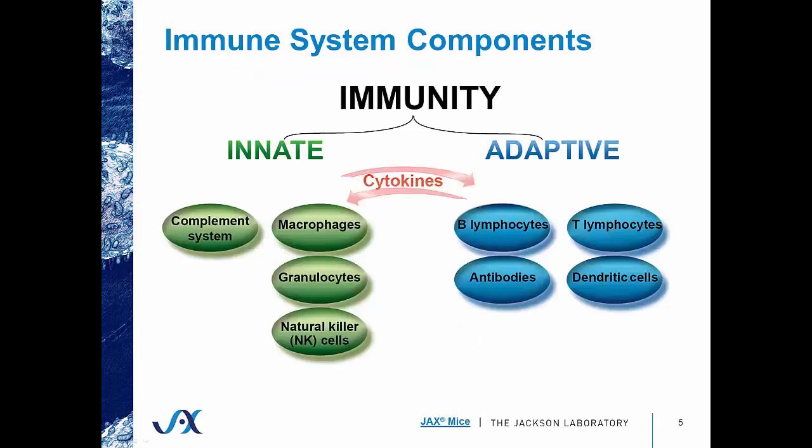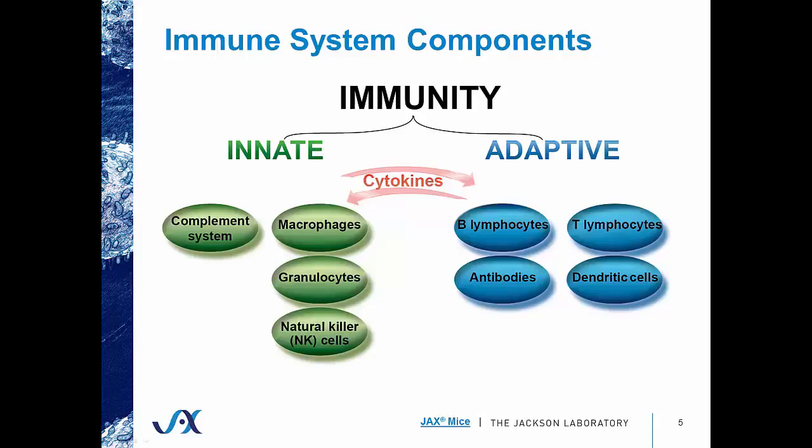Before we get too far into our presentation, I'd like to quickly discuss the immune system so that we're all on the same page. The immune system can be broken up into two different components, innate immunity as well as adaptive immunity. Innate immunity is the first line of defense against pathogens and foreign invaders, and it contains various components that are hardwired to recognize and respond to diverse pathogens.